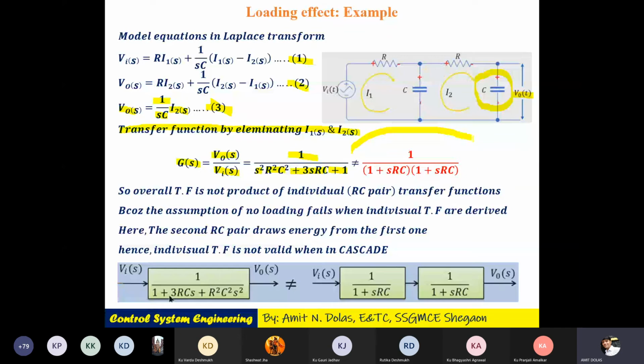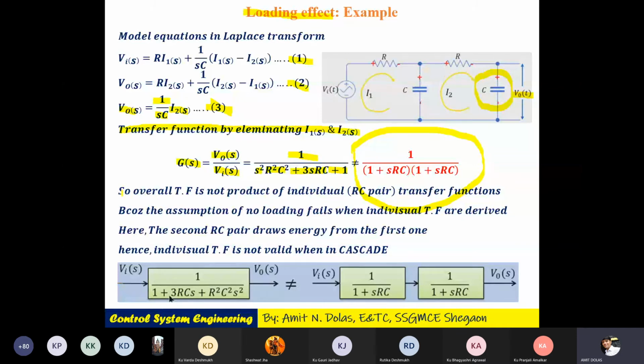And this is not equal to the previous one that we found, that is 1 upon 1 plus SRC into 1 plus SRC. So this is called loading effect.